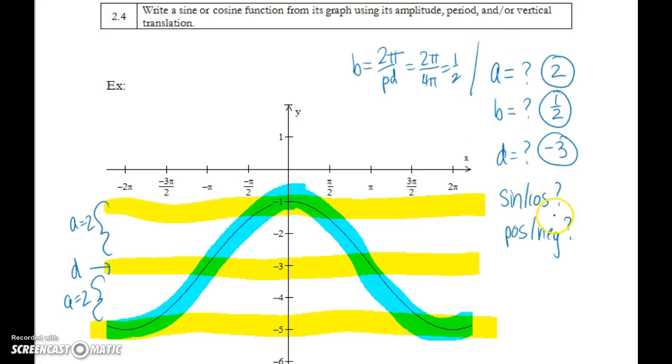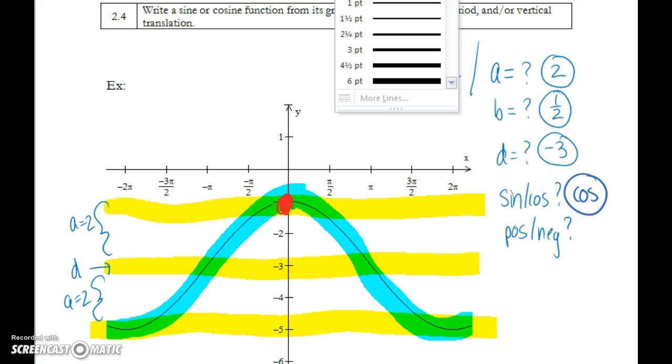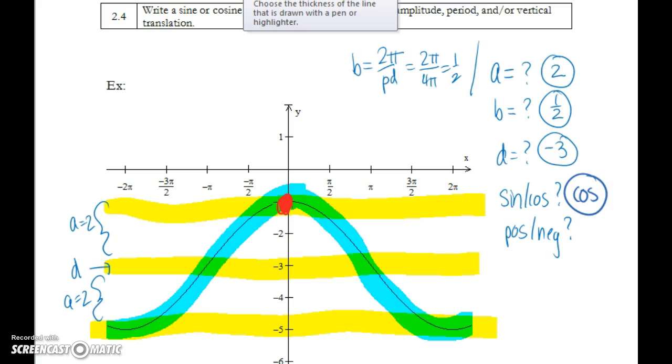Next thing we want to do is to figure out if it's sine or cosine. Notice the y-intercept here is at the max. When the y-intercept is at the max or the min, it's a cosine graph. When the y-intercept is at the center line, it's a sine graph. And finally, we have to decide if our function is positive or negative.